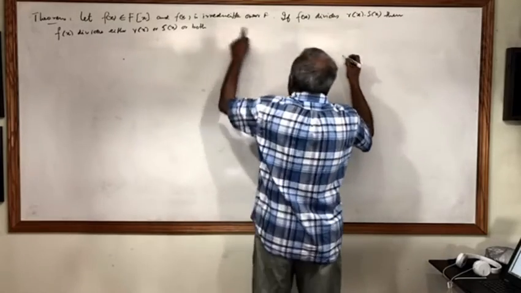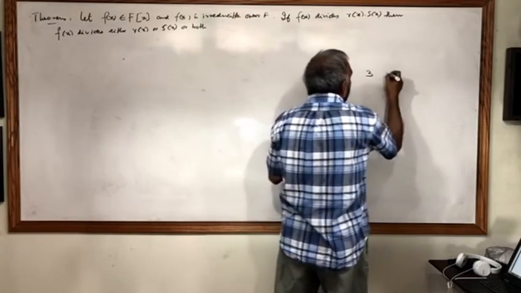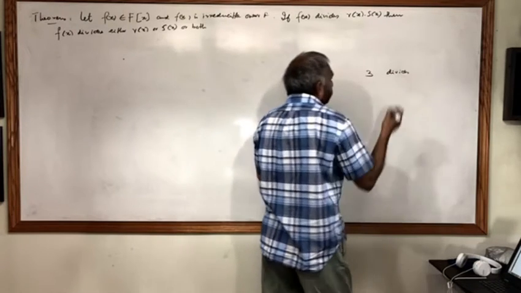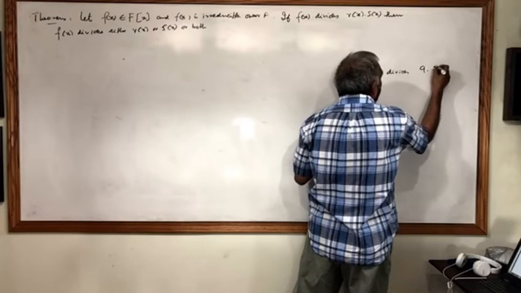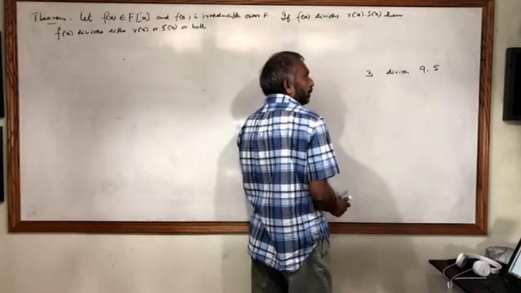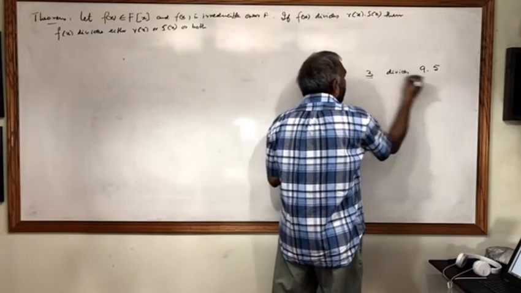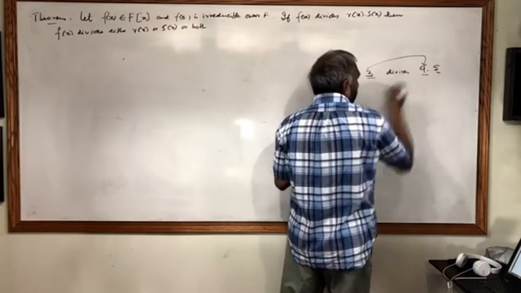See, if you take a prime number, let us say 3, 3 divides 9 times 5. Right? So that means either 3 divides 9 or 3 divides 5. Here 3 divides 9.